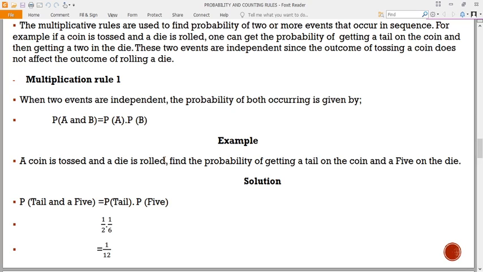Tossing a coin has no influence on rolling a die. So the probability of getting a tail on a coin and a 5 on a die: when you toss a coin, there are two possible outcomes and there is only one tail, so it will be 1 out of 2. And a 5 on a die, there is only one 5 and the sample space is 6. So the probability of getting a tail and a 5 will be 1 out of 2 times 1 out of 6.